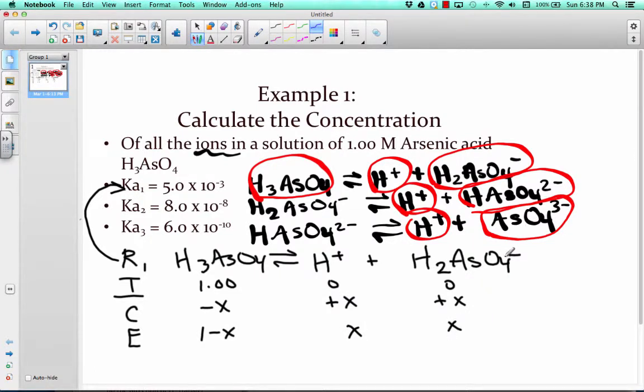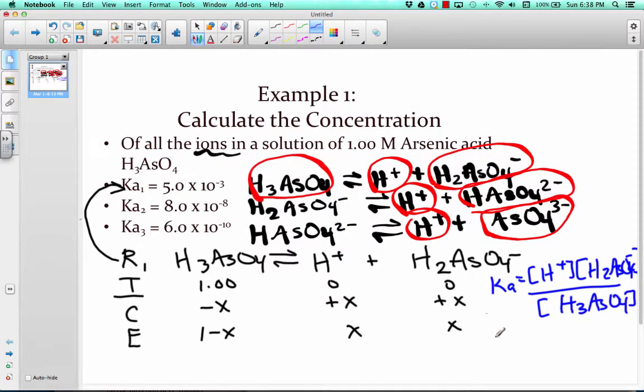My equilibrium constant, Ka, is represented by products over reactants. So I can write my expression with hydrogen on top and my conjugate base, and then the acid on the bottom. That's also equal to, with my equilibrium from the Rice table, X times X over 1 - X. And that has a value of 5 times 10 to the -3.